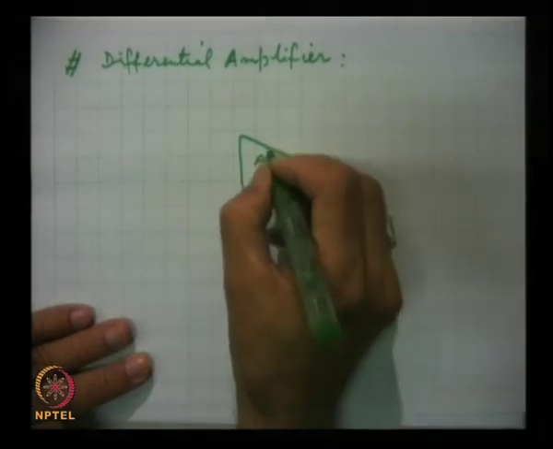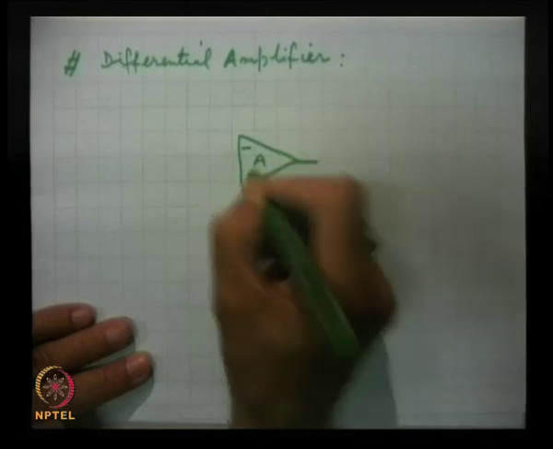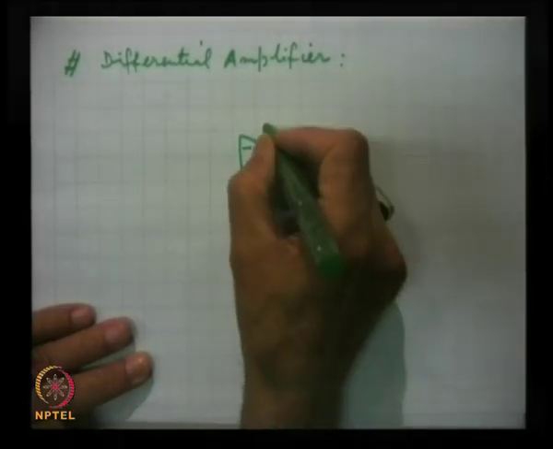The open loop gain is A, this is the inverting and this is the non-inverting input.